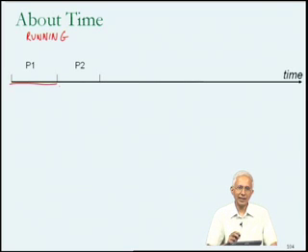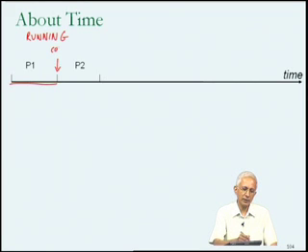And just remember that in order to switch from process P1 to process P2, there is a little bit of overhead. There's this thing called the context switch. So the event that happened over here was the context switch from process P1 to process P2.